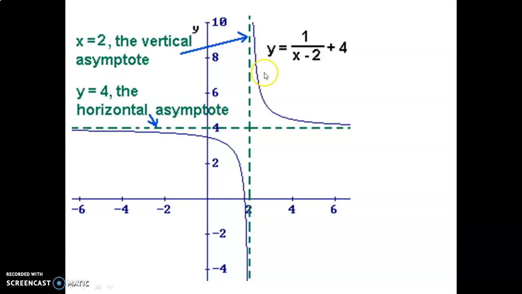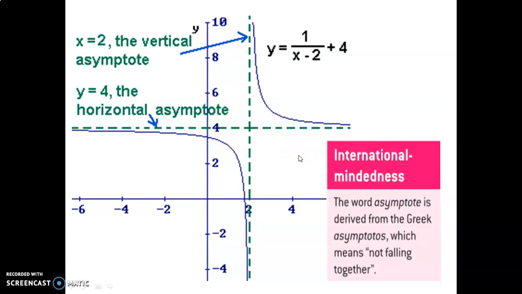We draw them in later to show that the graph itself is approaching these kind of invisible walls and never getting there. And that's happening in every direction here. So we have a vertical asymptote here, horizontal asymptote here. Let's talk about that some more. First of all, the word asymptote is derived from the Greek asymptotos, which means not falling together.